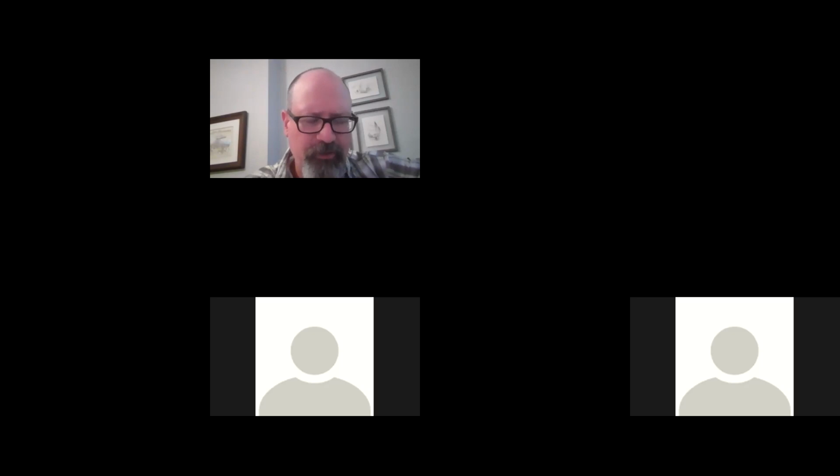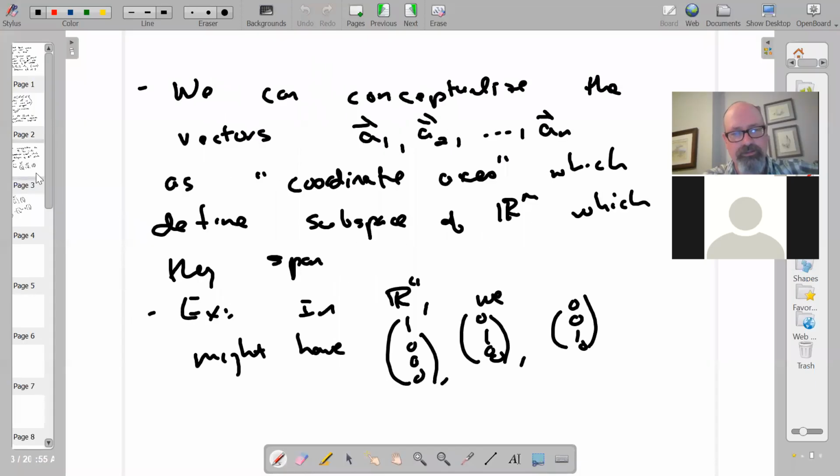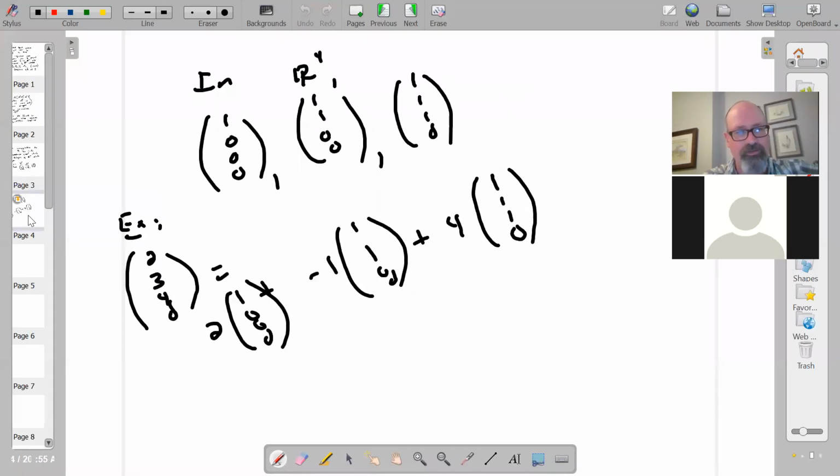Bear in mind, no one would do what I just did. If you're thinking about a subspace of R4 or any subspace of Rn, the basis that people would most naturally choose when thinking about such a thing would be one that looks like this, rather than one that looks like this. That's just too weird. It's not natural to think about coordinate axes defined by vectors which are somehow skew.